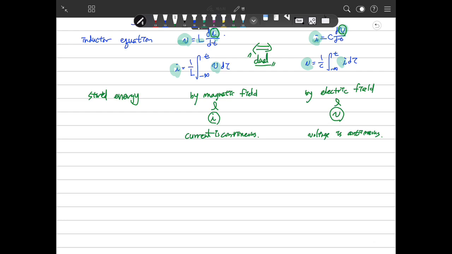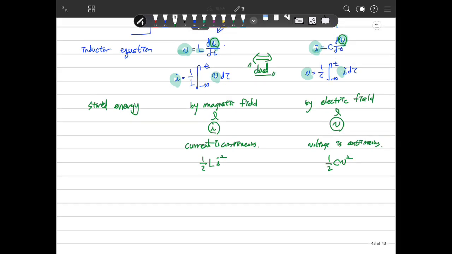You remember that the energy stored in the capacitor is 1/2 C V squared. In the case of the inductor, you can guess it will be 1/2 L i squared, because this is a dual. We call this duality. We will discuss it later.